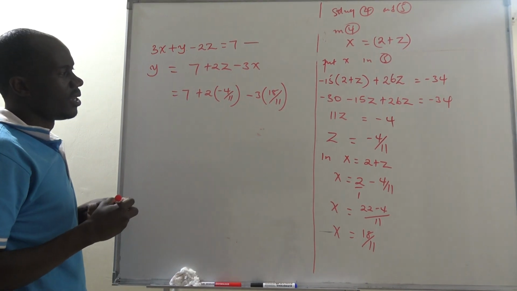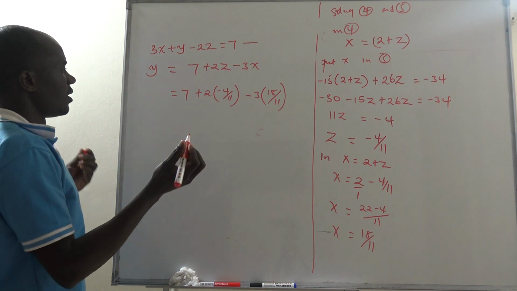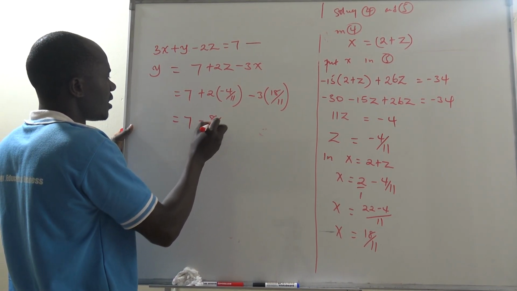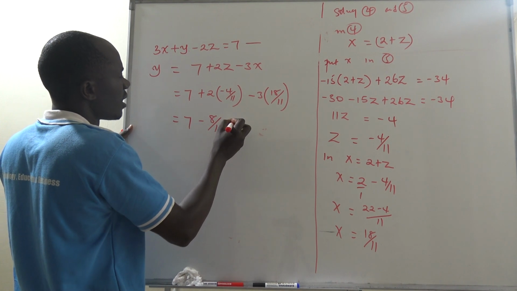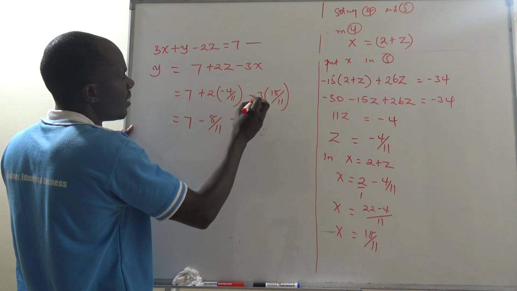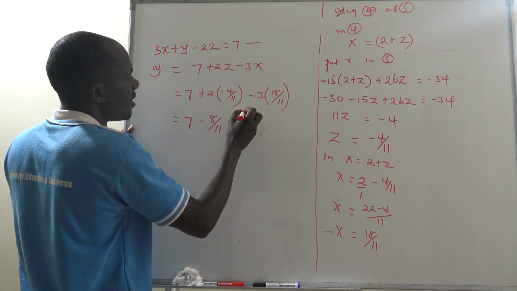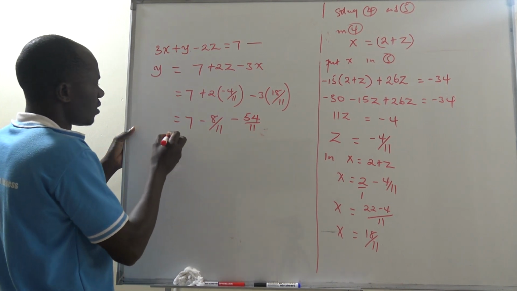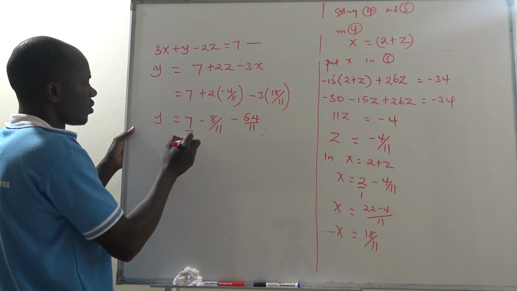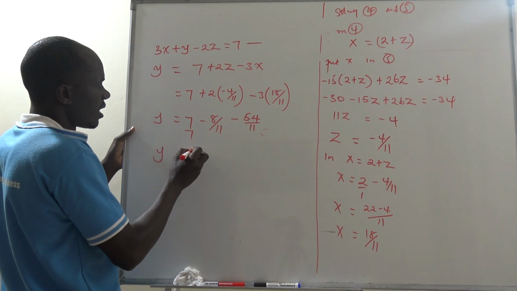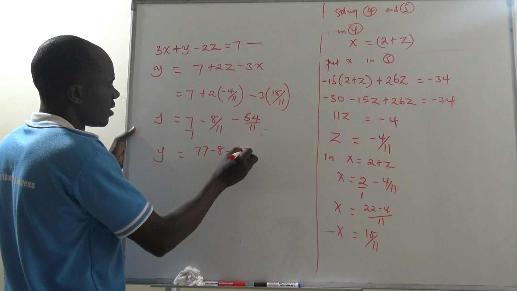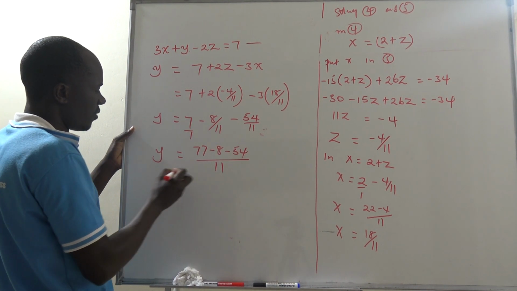So can we open the brackets and collect the terms? This becomes 7 - 8/11, and this one becomes minus 54 out of 11. So this is y. So y becomes (77 - 8 - 54)/11.